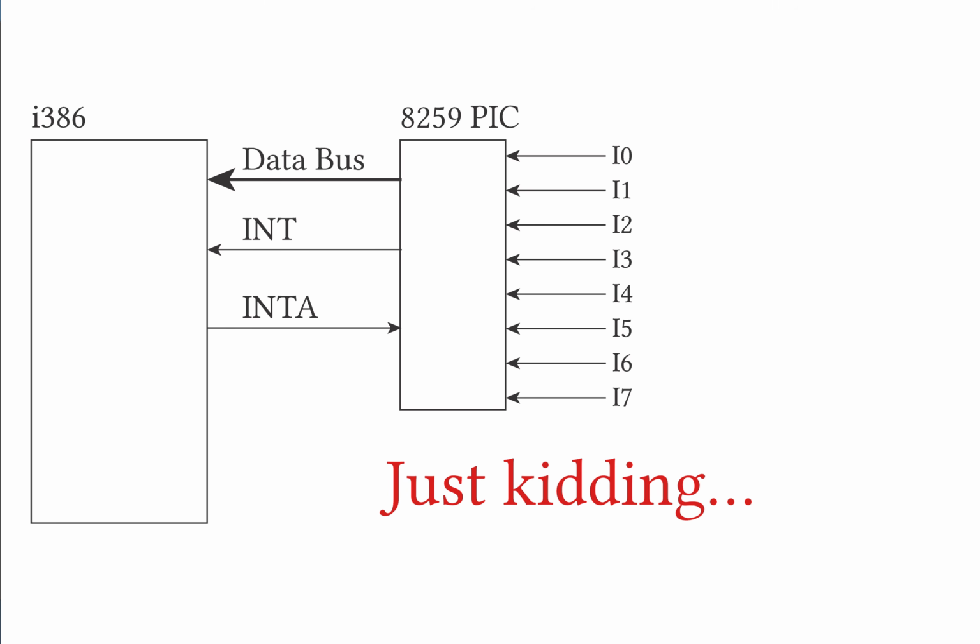Well, this is fine. The problem is that on the PC we have more than 7 interrupt sources, right? You can imagine on an early PC you've got a bunch of disk controllers, maybe a couple of hard disks, a couple of floppy disks, a serial port, a mouse, all this different stuff. It ends up being more than 7 interrupt sources, and so just one of these PICs is not going to work.